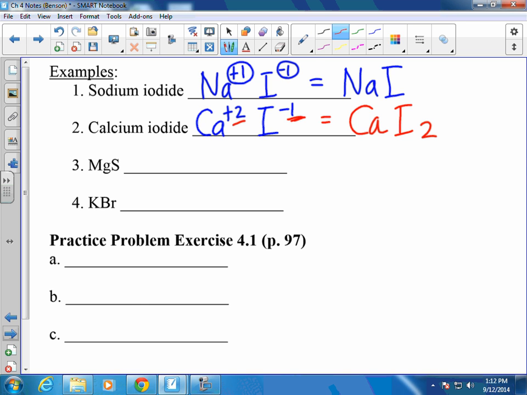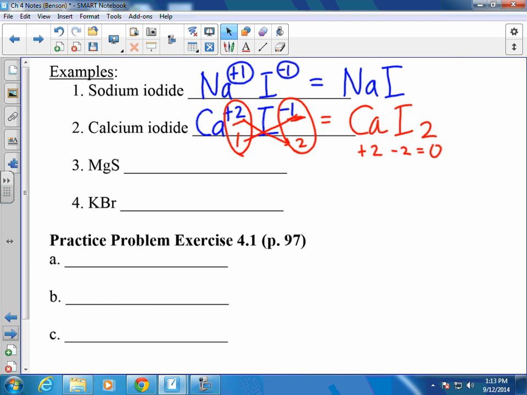Another simple little way of doing that is just drop the 2 down here, drop the 1 down here. We don't write the 1s, and we get the same result, CaI2. Now if you take a look and you multiply this, +2 times -1 is +2. 2 times -1 is -2, which equals 0. So we have written the formula correctly.